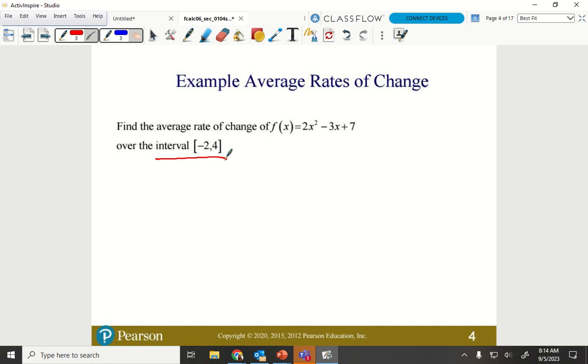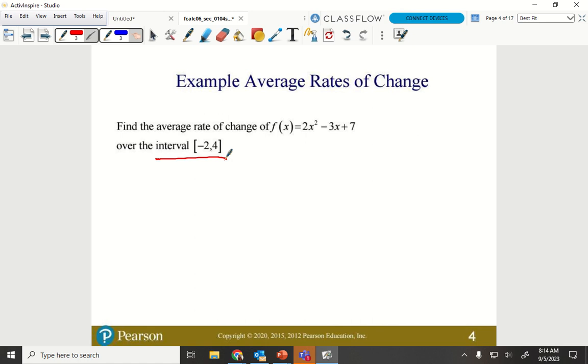That means that I'm starting at what? -2. -2 on what axis? The x-axis. And I'm going to 4 on the... It's still x-axis, right? The domain. Yeah, so that's what it means.